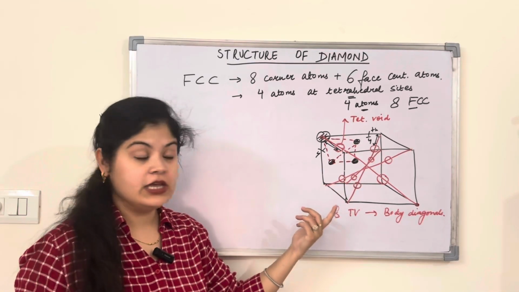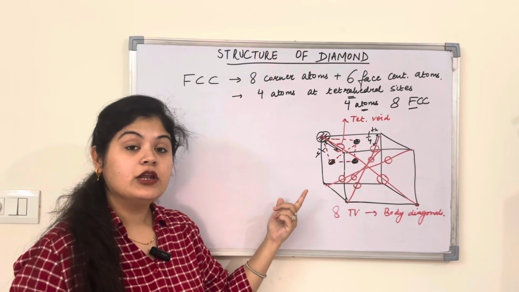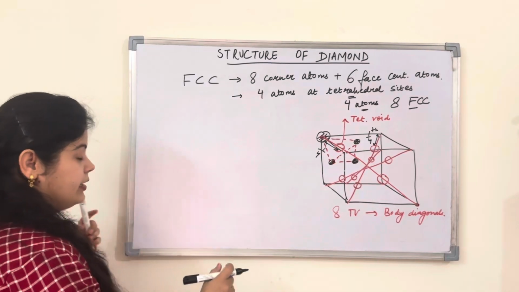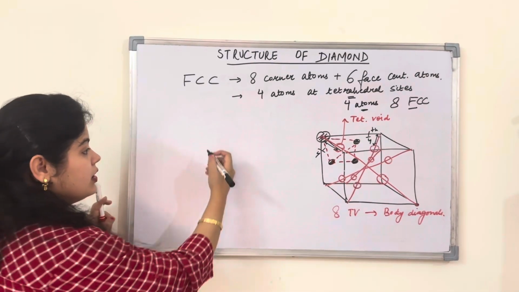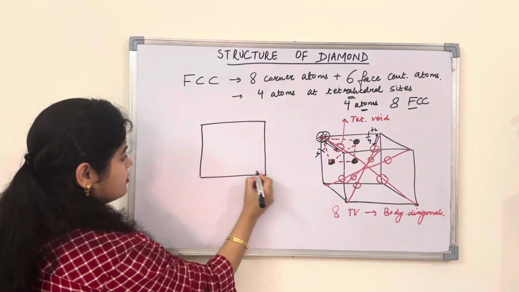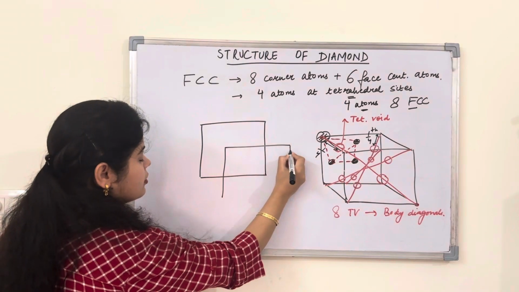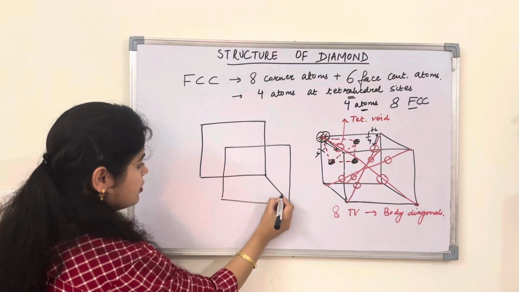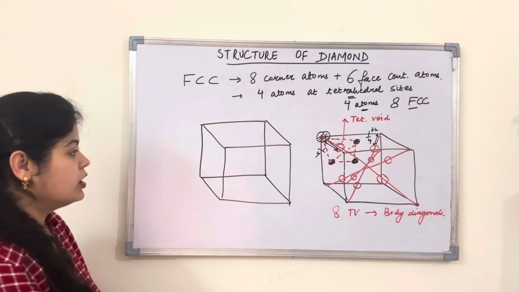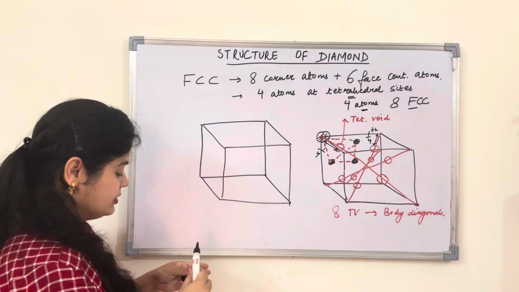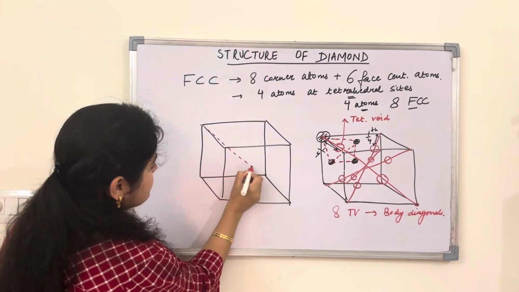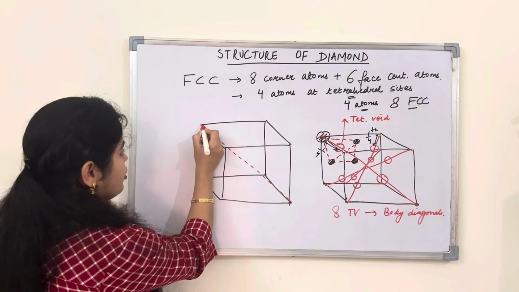Now, which of these 8 sites are filled with atoms? Now we are going to understand that. For that, let me draw this structure again. Now for this, I will draw the body diagonals. This is one body diagonal.